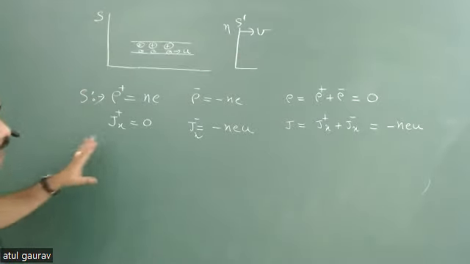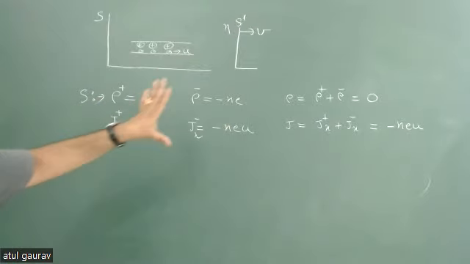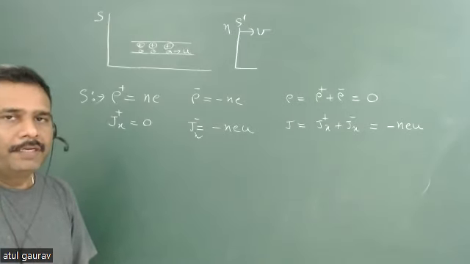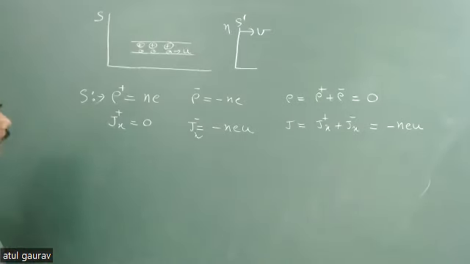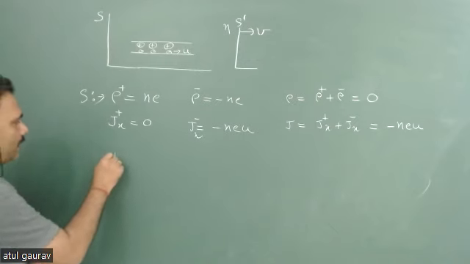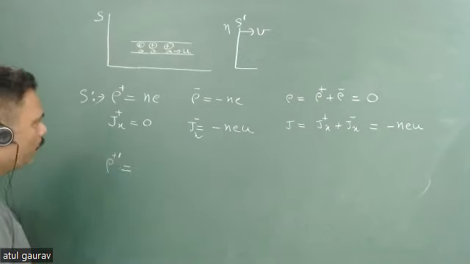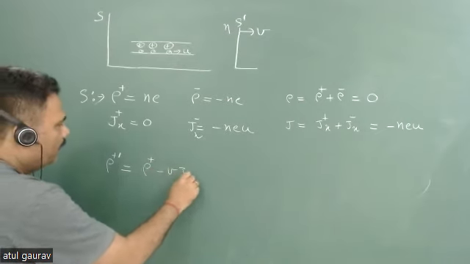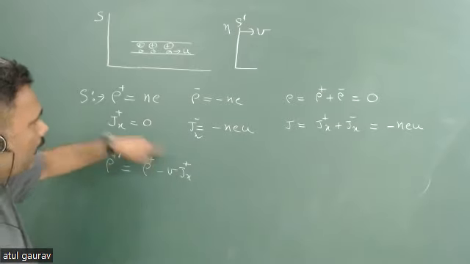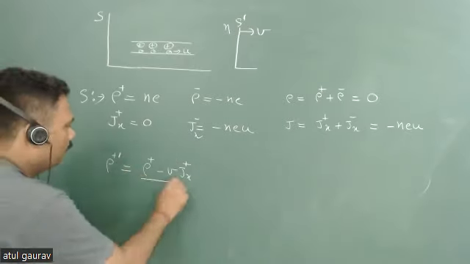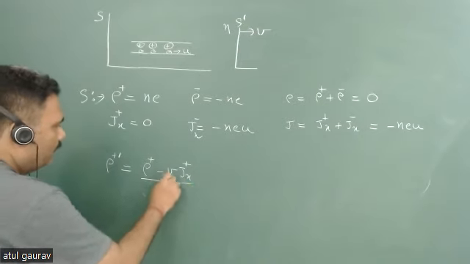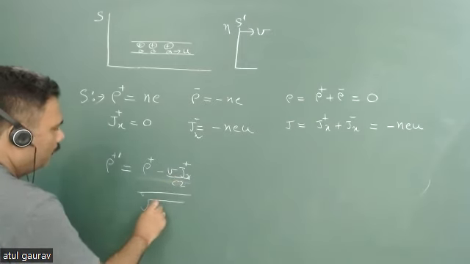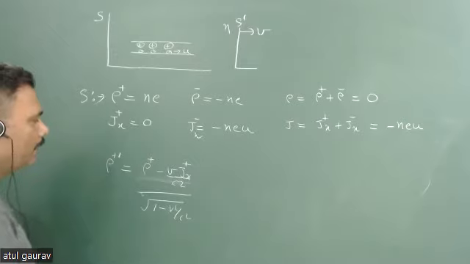Now let's try to find all this charge density and current density with respect to the S dash frame. Let's see what is going to happen with respect to the S dash frame. What will be your rho plus dash? Rho plus dash can be written as rho plus minus V Jx plus upon c square, divided by root under 1 minus V square upon c square, because we are going for the plus charge here.